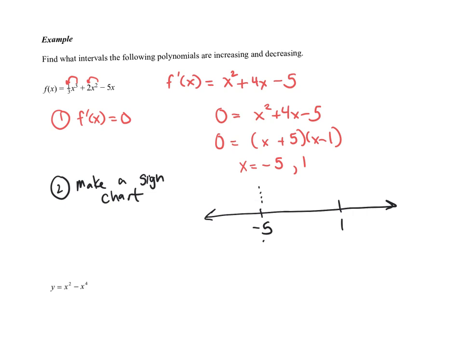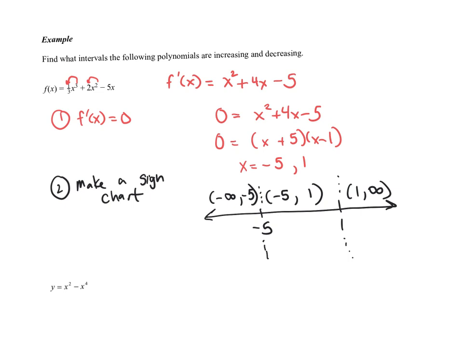So this is going to break the number line into 3 parts. The first part is all the numbers smaller than negative 5, so we'll say negative infinity to negative 5. The middle part is going to be points in between negative 5 and 1. And then the right side is going to be points that are greater than 1, or 1 to infinity.